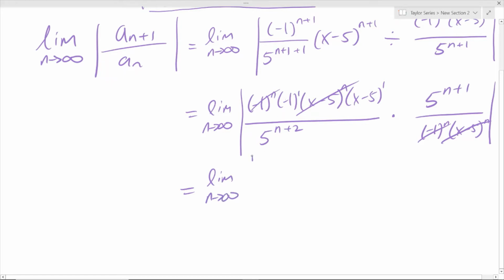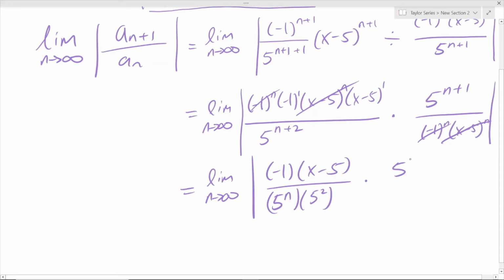We have -1 here to the exponent of 1, so it's just going to be -1, and then times x minus 5, and then this is 5 to the n plus 2. So let's change this to 5 to the exponent of n times 5 to the exponent of 2. Add these two exponents together, we will get this. Times 5 to the exponent of n, and then 5 to the exponent of 1. And that is because we have the exponent law, so we can add these two exponents together, we will get n plus 1 right here.